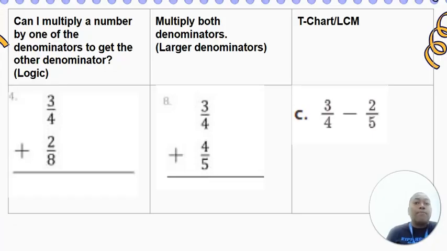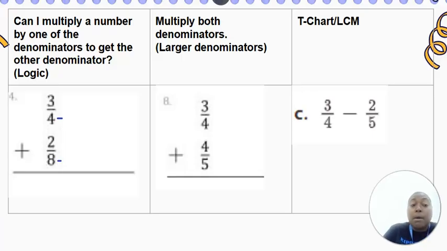One of the first strategies that we can do is to ask yourself, can I multiply a number by one of the denominators to get the other denominator? Let's take a look at that. We have our 4 as a denominator and we have our 8 as a denominator.